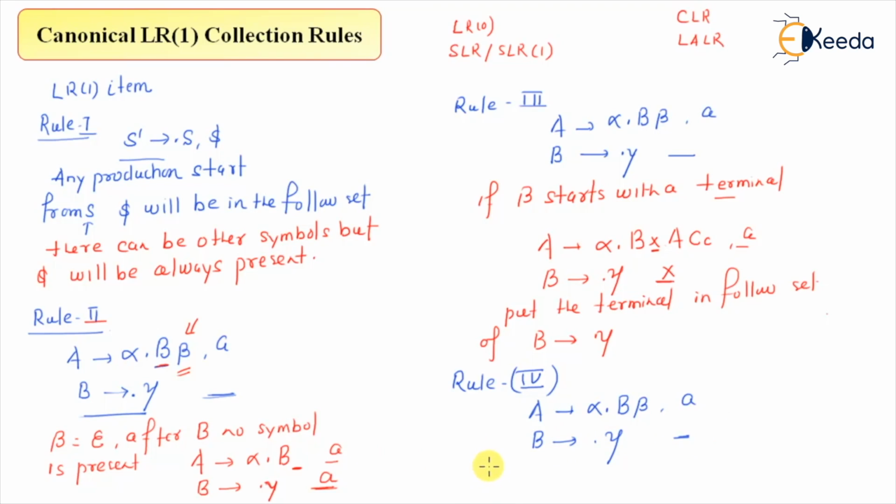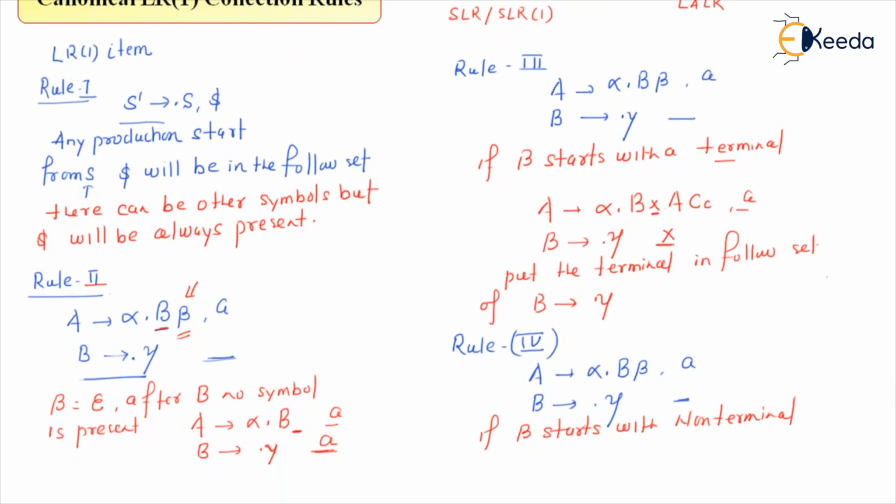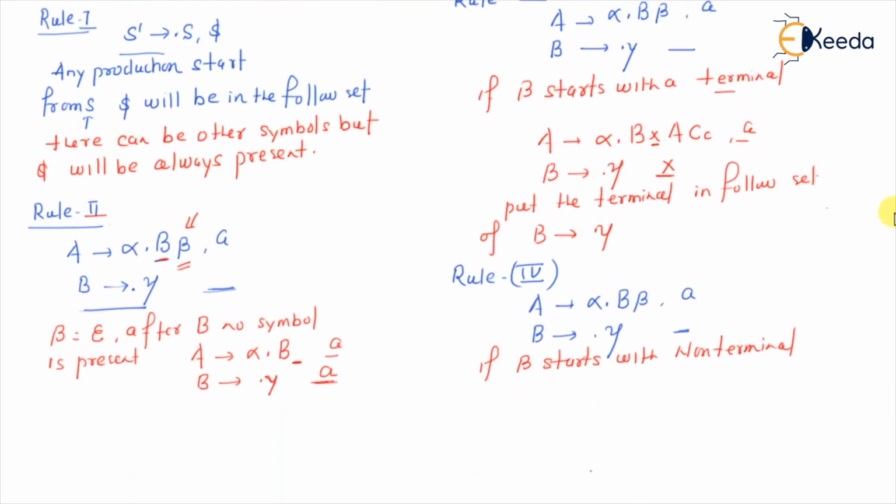Now if beta starts with a non-terminal, that is the case we are looking for. Now we have to extend this particular rule also.